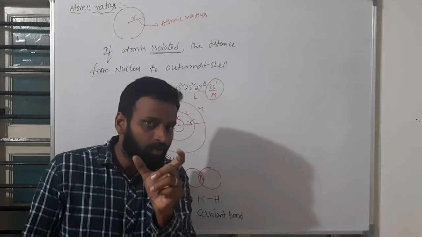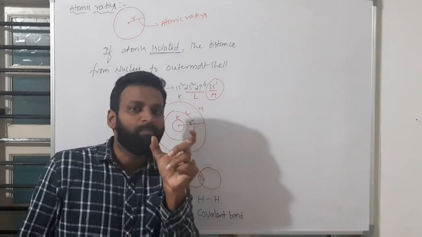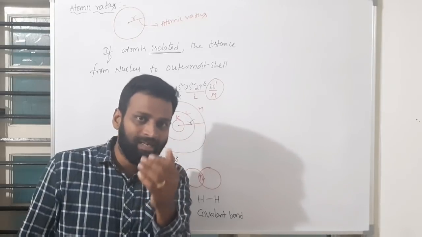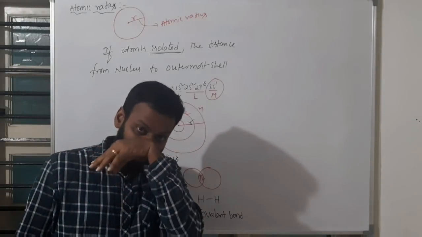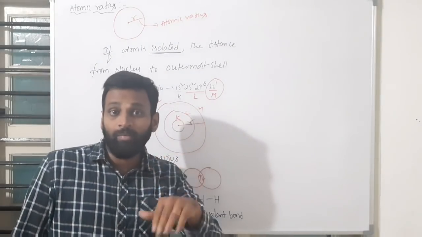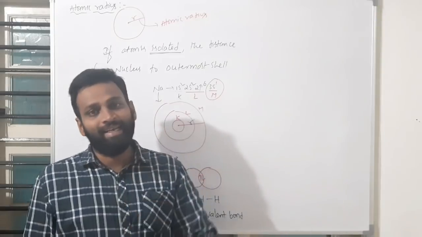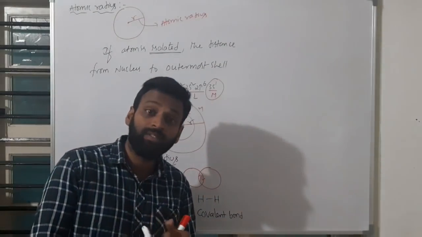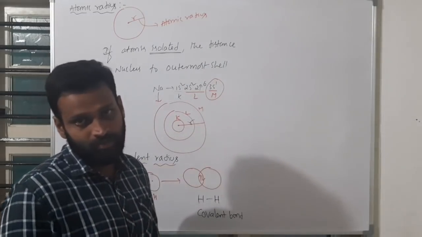So where we will have ionic radius? Between metal and non-metal if forming a bond. Example NaCl, Na plus Cl minus, forming ionic bond. One losing electron and one gaining electron. Sodium lost electron, chlorine gained electron. Understanding? Between two gases, we will have van der Waals radius.